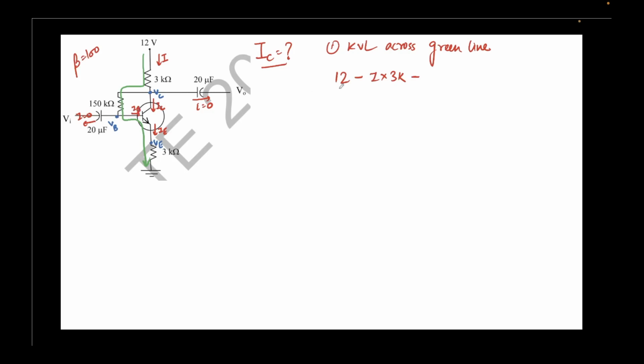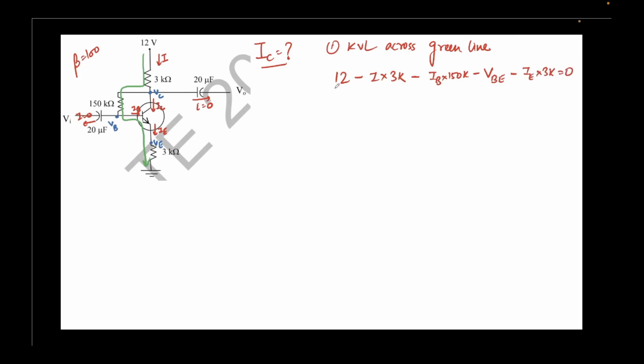So I can write this will be IB times 150k, minus this potential drop, let's for the time being write it VBE, some potential will drop here. And finally minus, if IE is flowing through the emitter, all of this current will flow through this resistor, so I can write minus IE times 3k equal to 0.